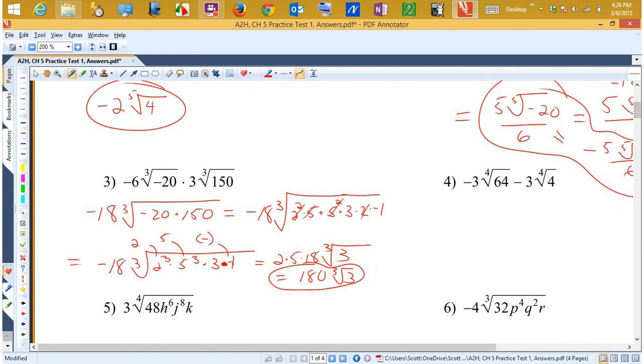Let's move over to the next one. Now I'm subtracting, so that's not a multiplication, that's a subtraction sign. So the only way I can subtract those is if what's underneath the radical is the same. They're both fourth roots. So somehow I need to get this to look like a fourth root of 4.